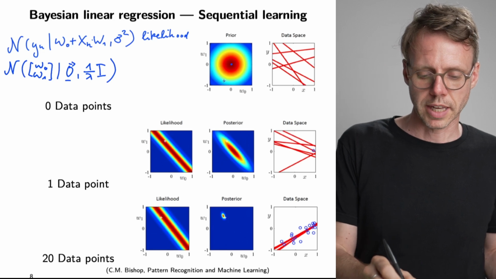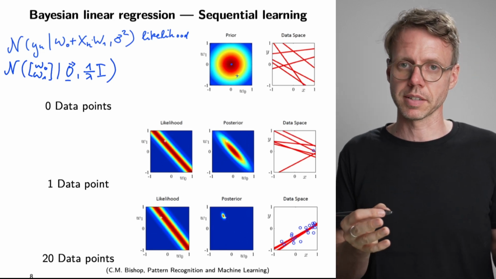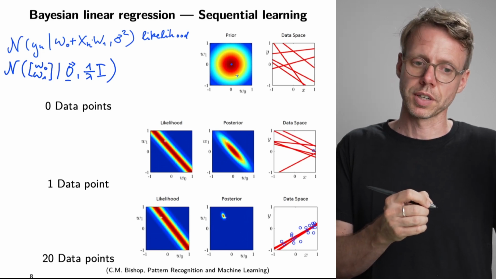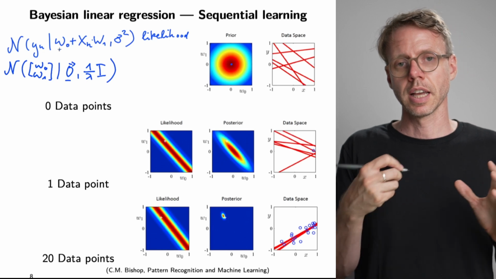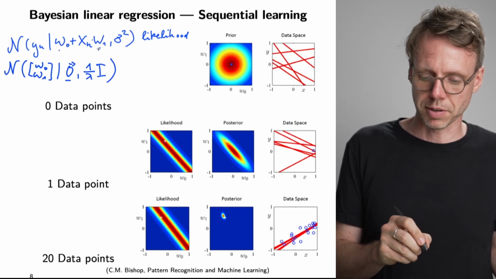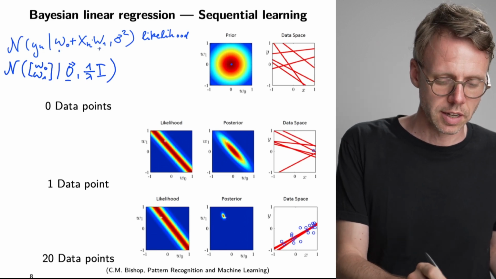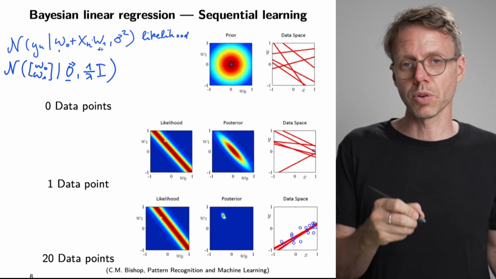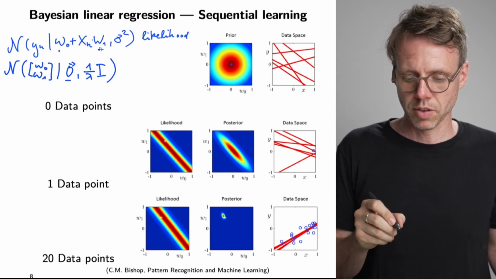So of course we can now draw samples from it, which will give us a pair of W0, the bias of a linear regression, and W1, the weight of our linear regression. And each of those samples will now correspond, of course, to a random function.